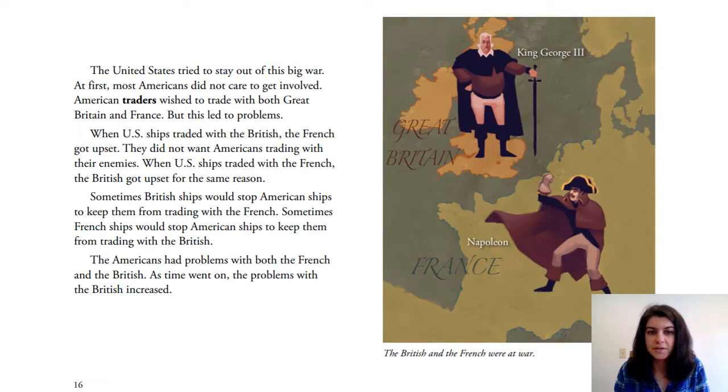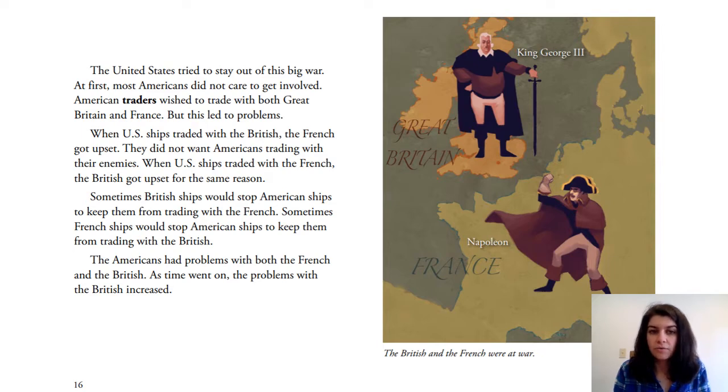Let's start reading on page 16. I want you to think about what did most Americans think about this big war at first. The United States tried to stay out of this big war. At first, most Americans did not care to get involved.